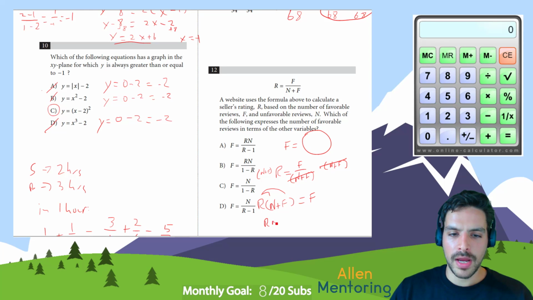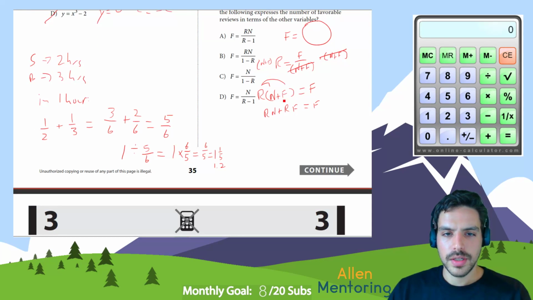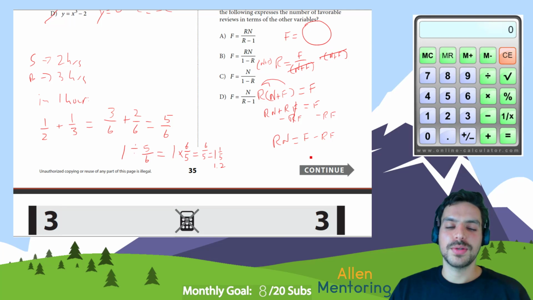So I'm going to get Rn plus Rf is equal to F. Okay, and remember how I said you want to get all of the F's on one side. So I'm going to subtract Rf minus Rf. Okay, this cancels out here, and so now you have Rn is equal to F minus Rf. Whew, so far so good.